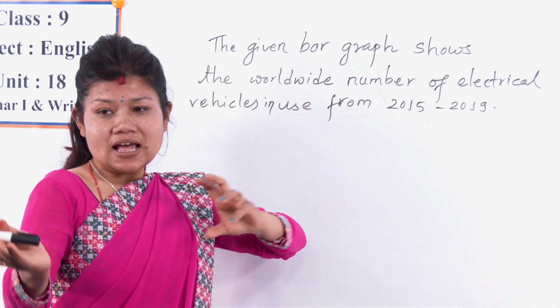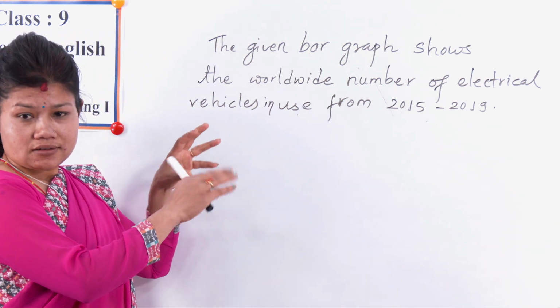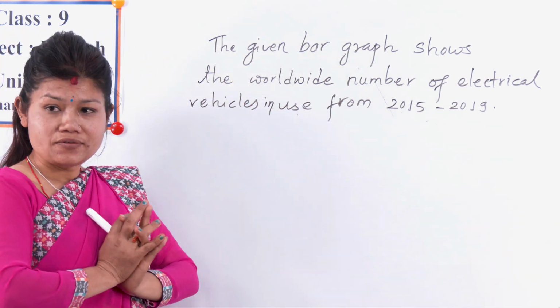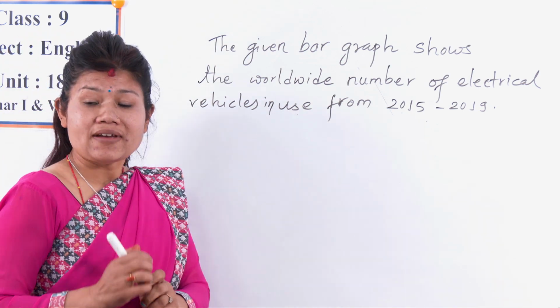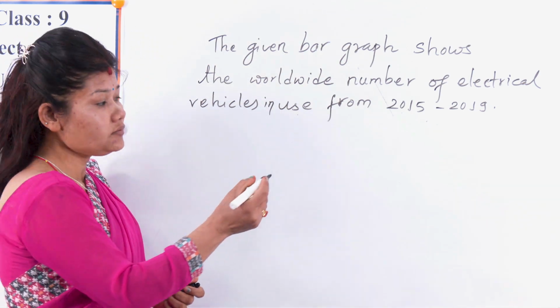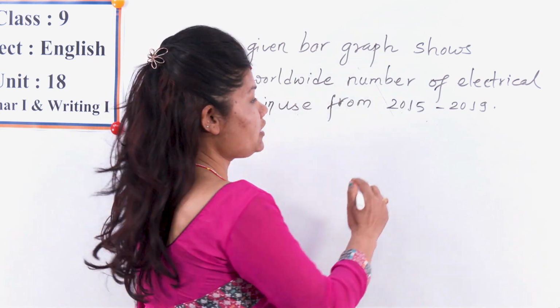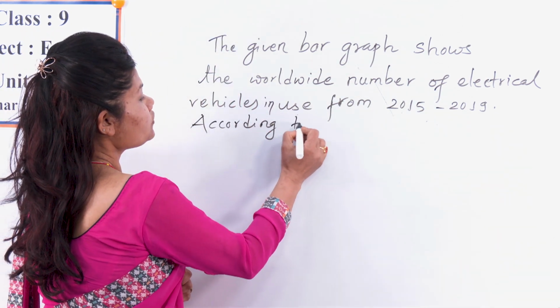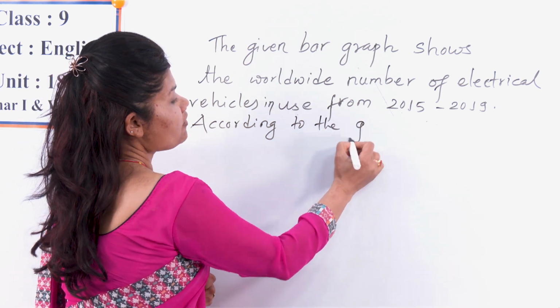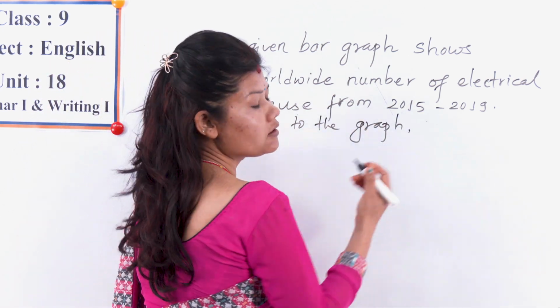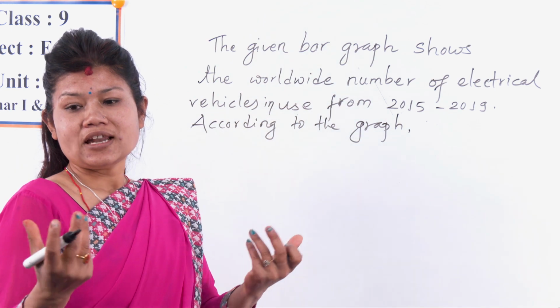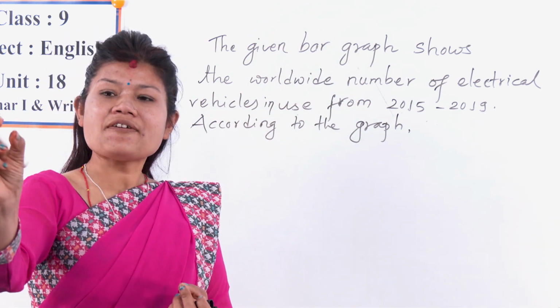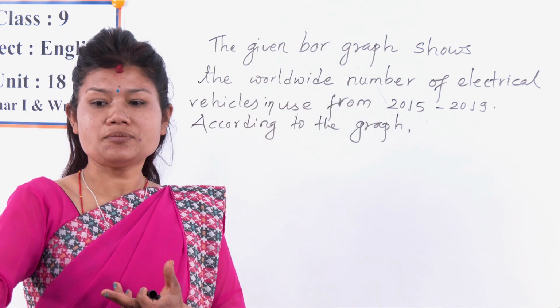to 2019. So, I wrote the same sentence, yes, with slight modification as an introductory paragraph. Then now I am describing about it, okay. According to the chart, according to the graph, let us say, then the first thing, what can be written? Yes, what each graph shows, that is also possible, you can write, okay.